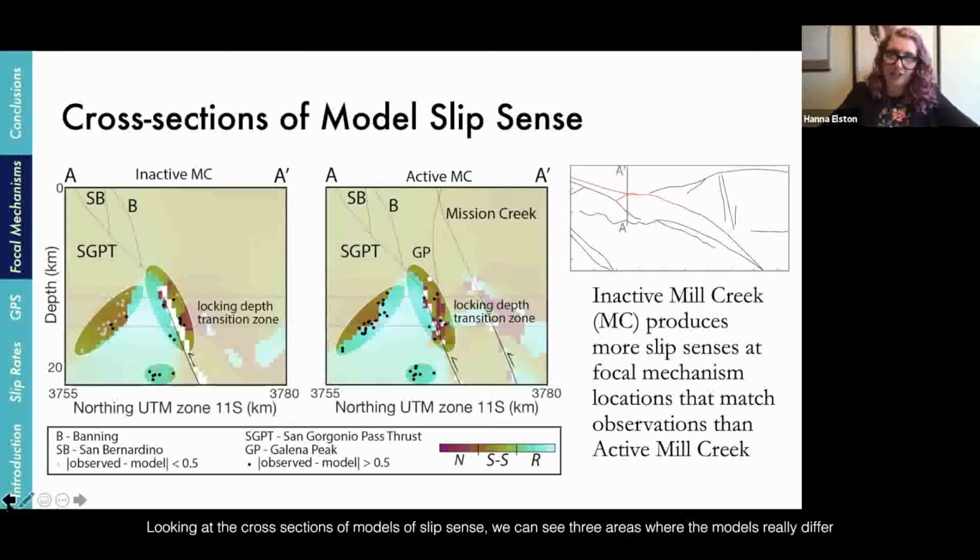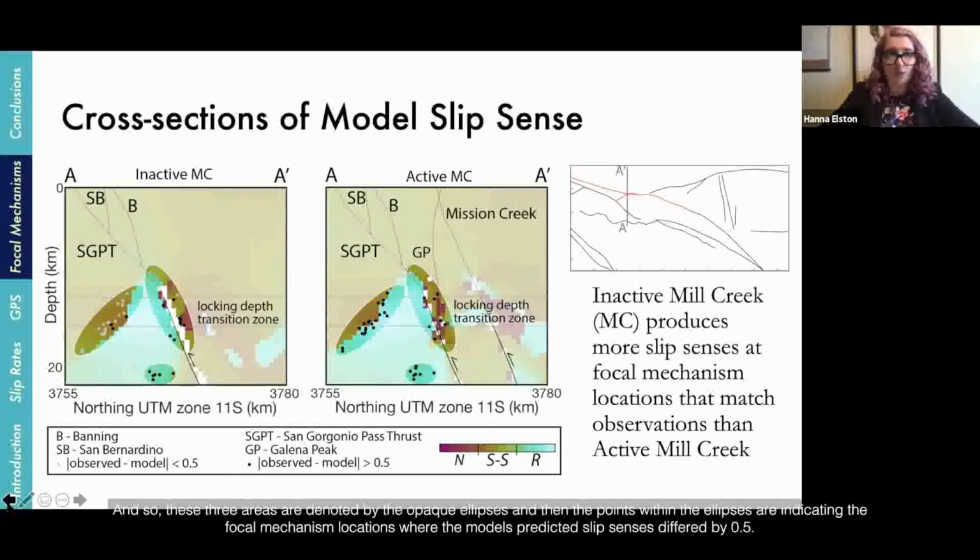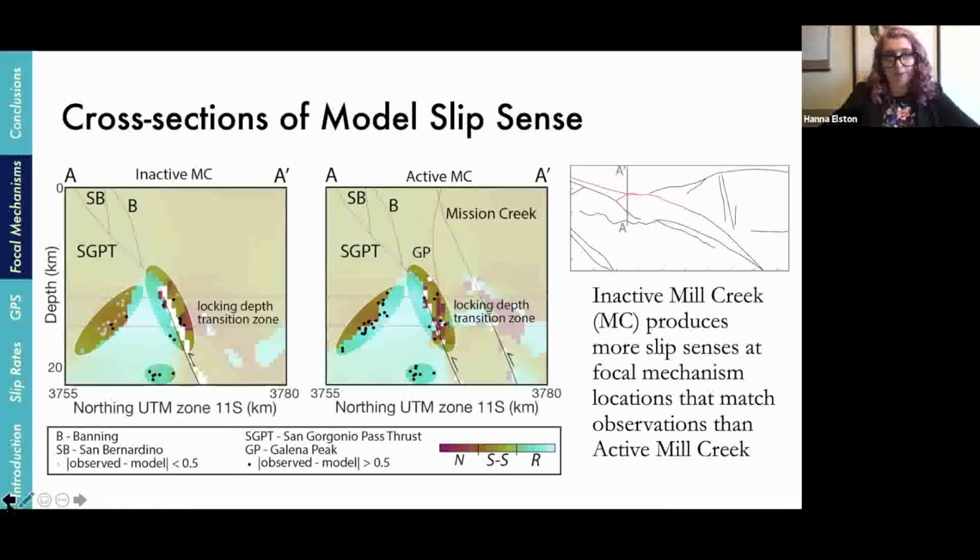Looking at the cross-sections of model slip sense, we can see 3 areas where the models really differ. These 3 areas are denoted by the opaque ellipses, and the points within the ellipses indicate the focal mechanism locations where the models predicted slip senses that differed by 0.5.